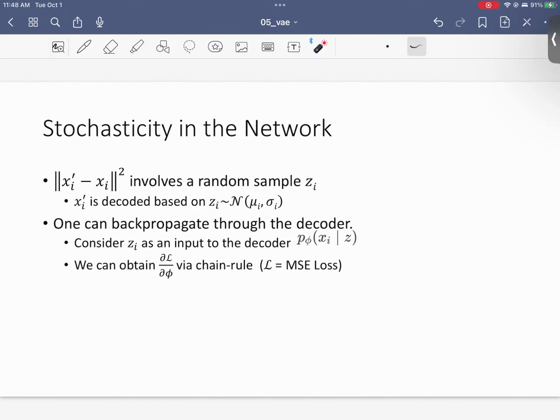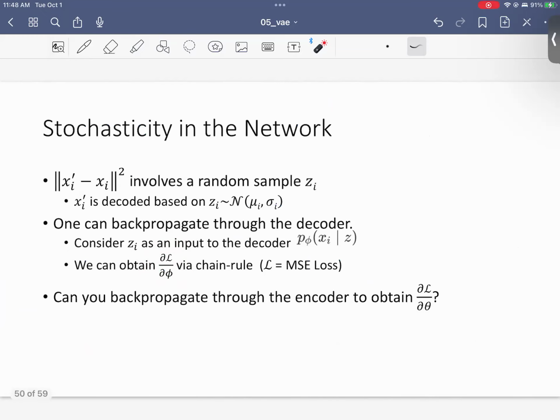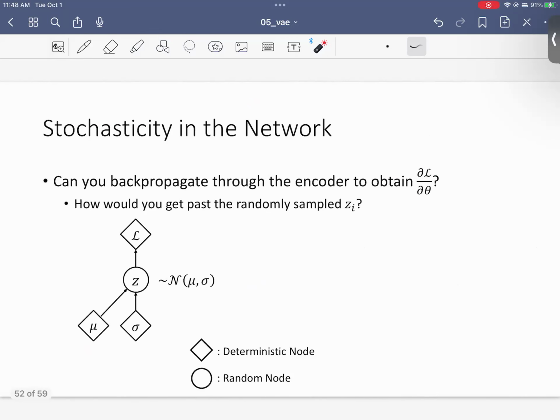We need to backprop, and then we can get this, which is the decoder's parameter. Getting this is easy because the decoder is right before the loss function, but getting this becomes a problem. So this is our sampling process. Let's draw a Q theta here, I think it was a small q.